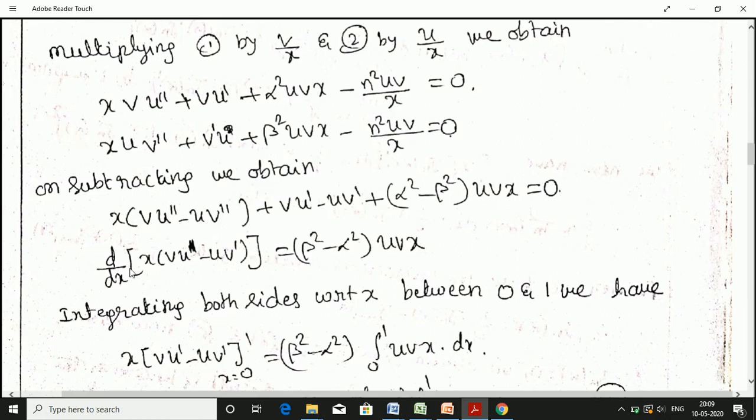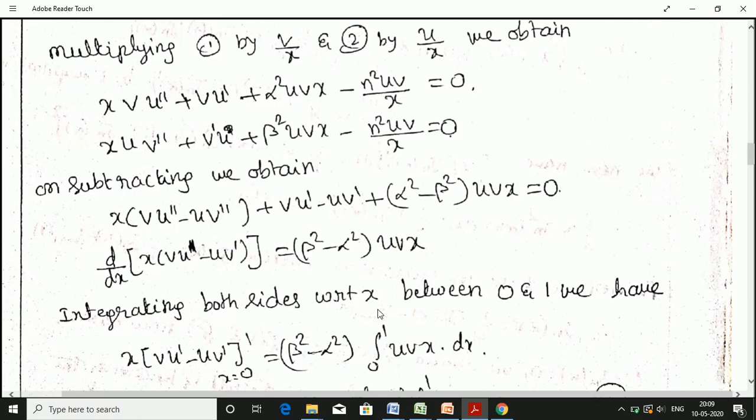The first two terms together can be written as d by dx of x into v u dash minus u v dash. On differentiation of this, definitely we are getting these two terms. If I shift this term to the right hand side, it equals beta square minus alpha square of uvx.